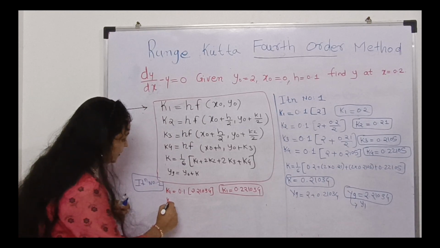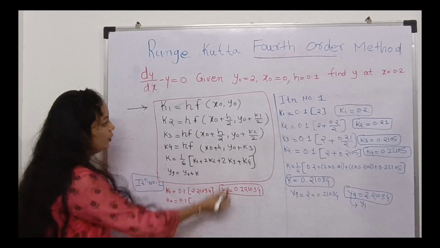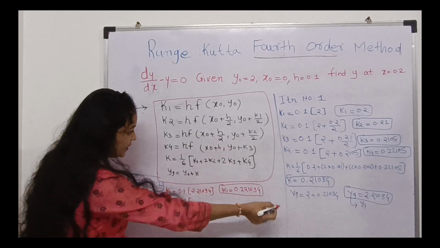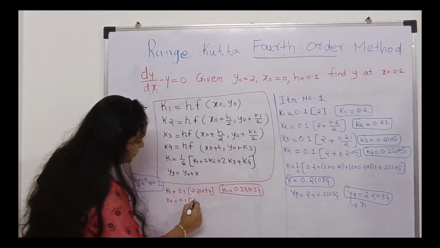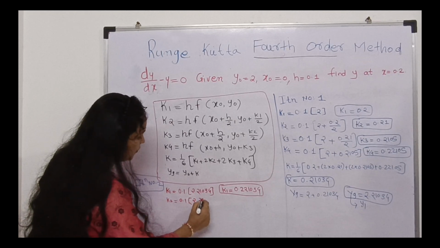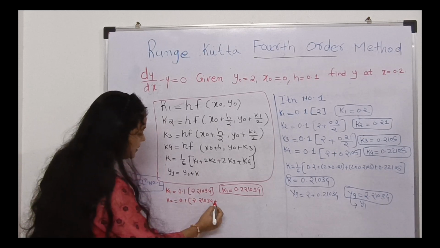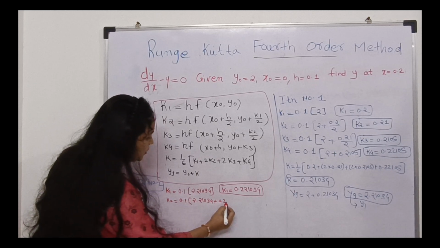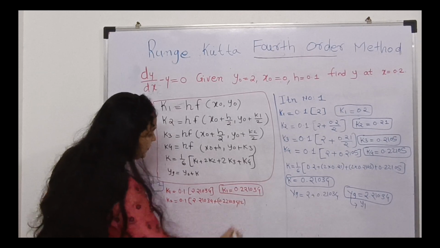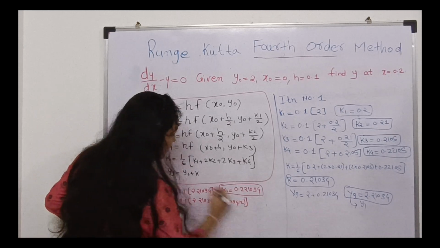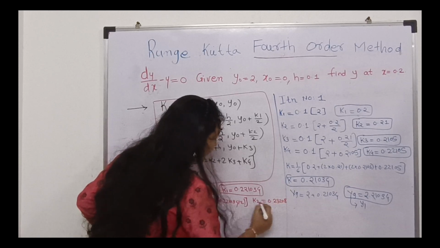Let us calculate K2 again. So h is 0.1 times bracket y0, which becomes yj or y1, 2.21034 plus K1, this value 0.221034, divided by 2. That becomes 0.23208.